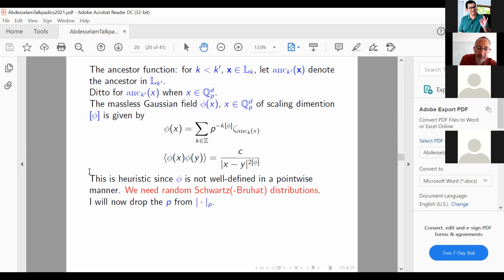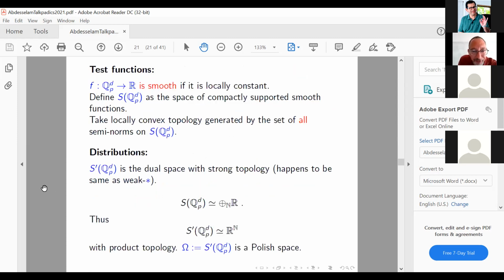So in my situation, if I want a space where I can define a probability measure with this covariance, it has to be a space of distributions, not test functions or functions. Here I should put the p for the p-adic distance, but from now on, I'm not going to; everyone knows what the p-adic distance is here.